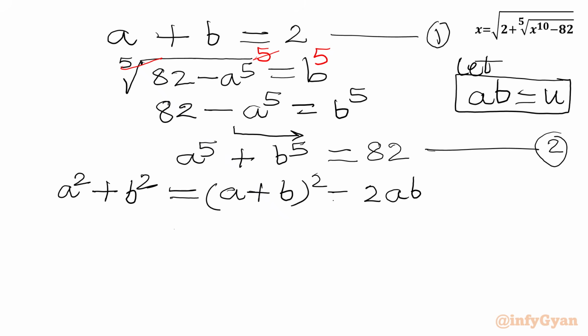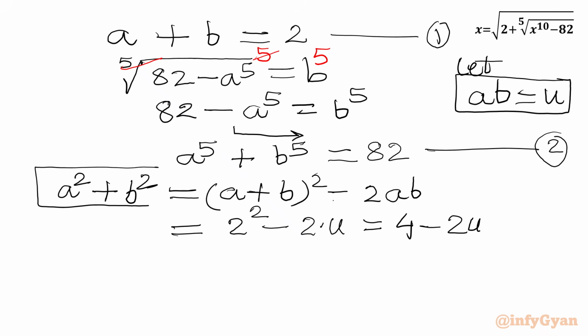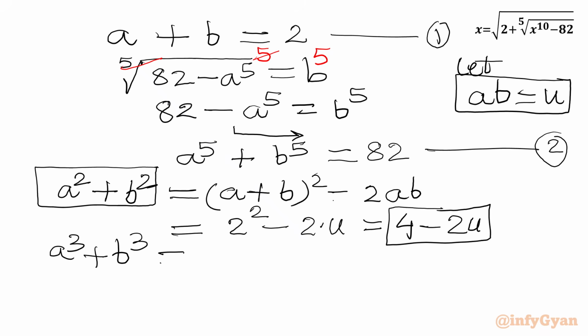So we can write a square plus b square will become a plus b is 2, so 2 square minus 2 times u, which will be equal to 4 minus 2u. So we have a square plus b square, 4 minus 2u. Now we will find a cube plus b cube. Using algebraic formula, a plus b whole cube minus 3ab times a plus b.